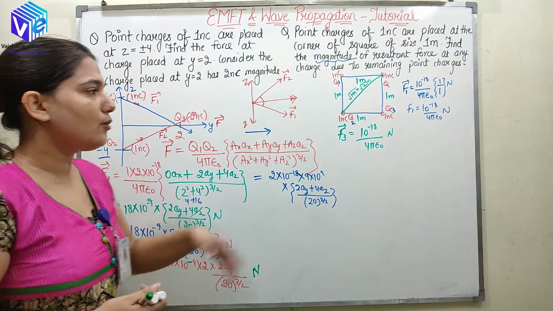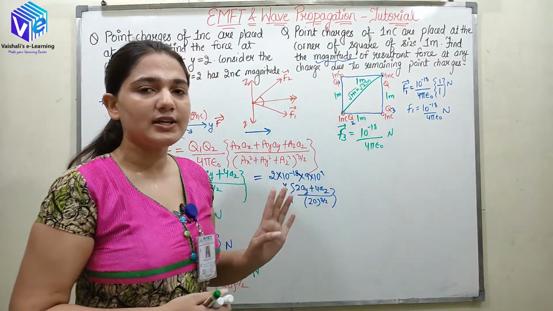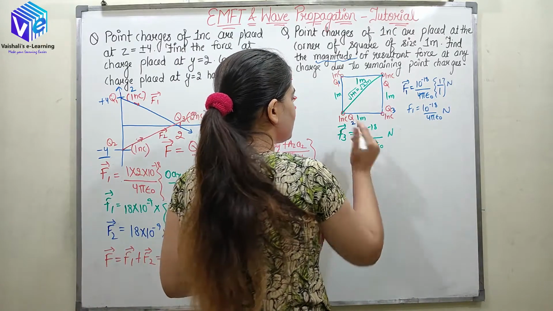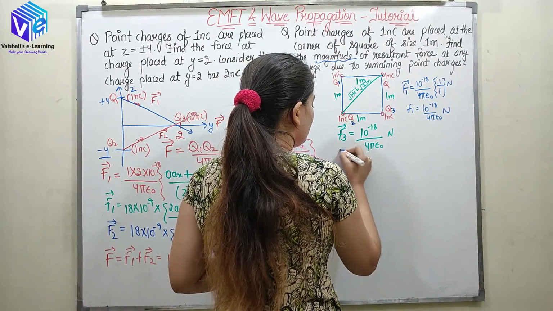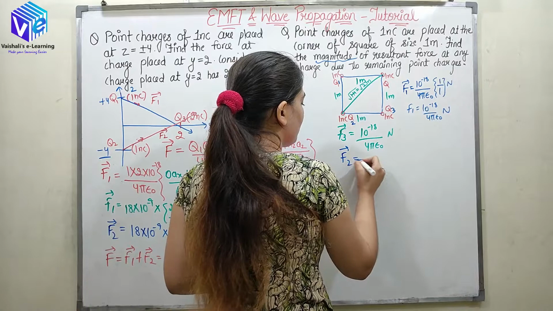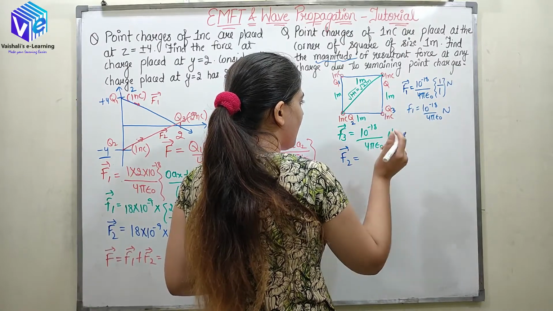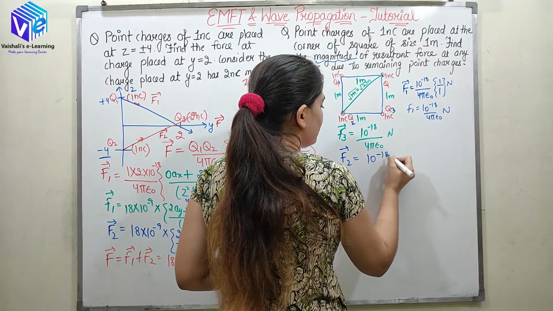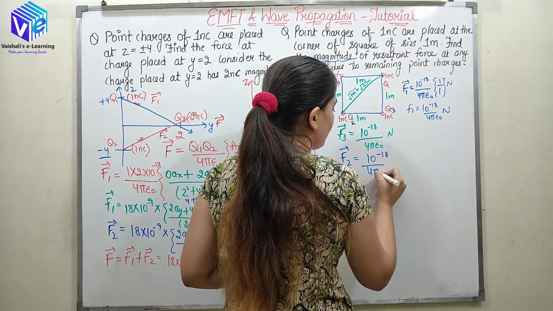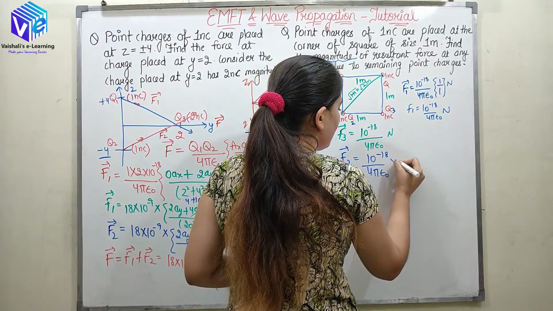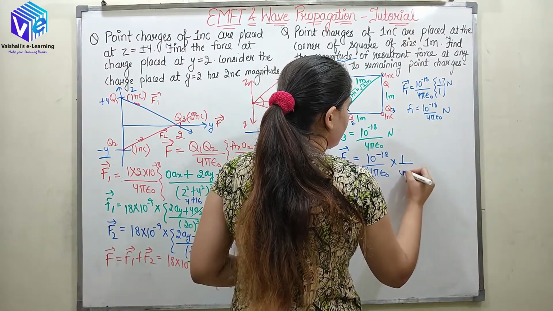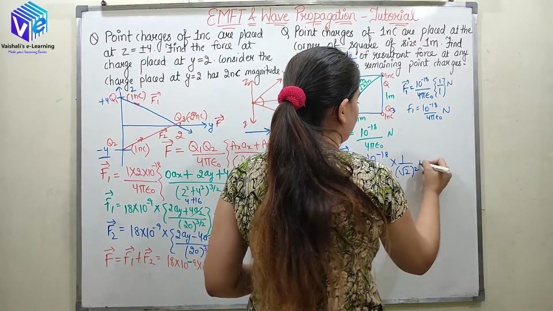So I know now what is Q3, I know what is Q1. Now I need to find out the force due to charge Q2. So we know F3, we know F1, F2 I need to find out. It will be equal to 10 raised to power minus 18 upon 4 pi epsilon naught into 1 upon under root 2 square Newton.